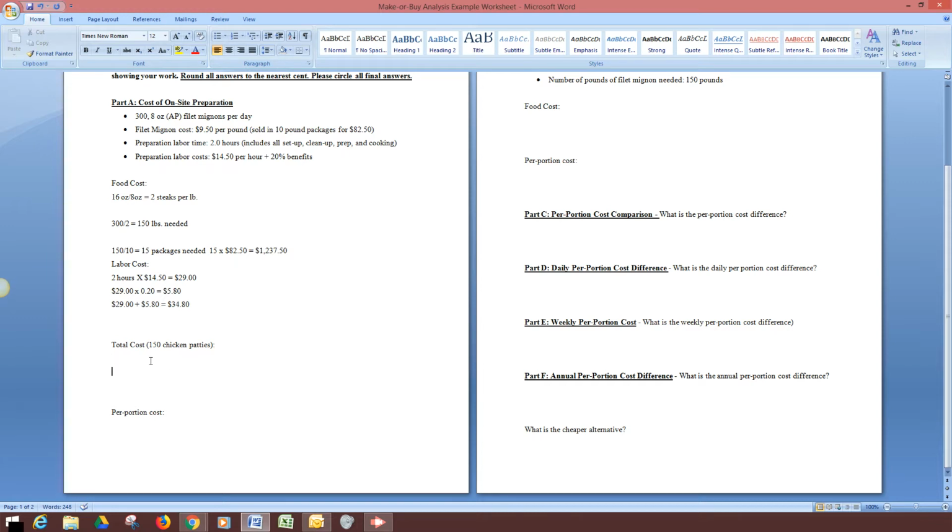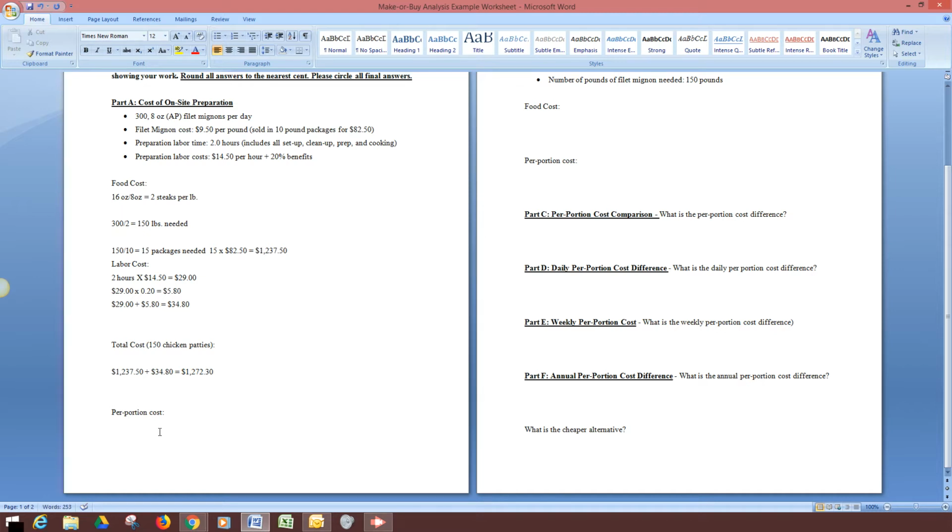So now our total cost would just be our food cost plus our labor cost. So that would be our $1,237.50 plus our $34.80. So that shows that our total cost for on-site production for what we need is going to be $1,272.30.